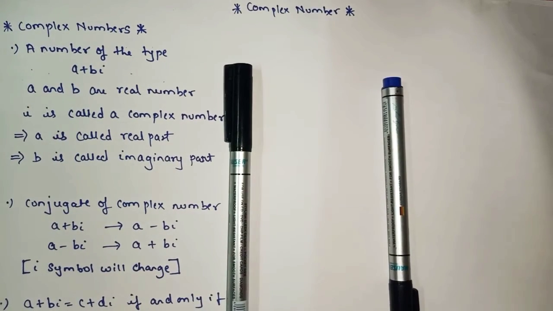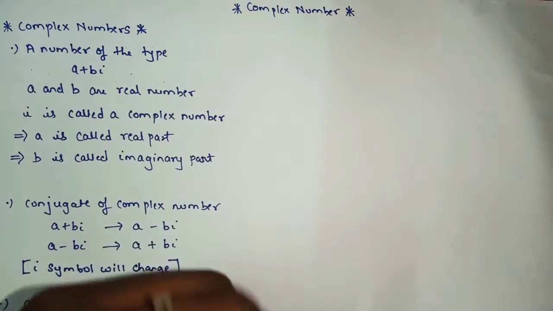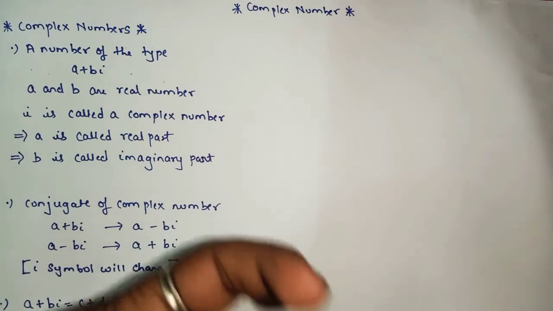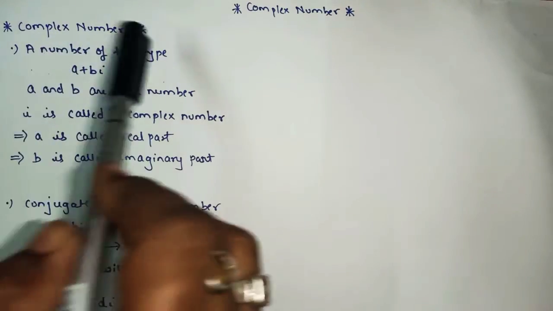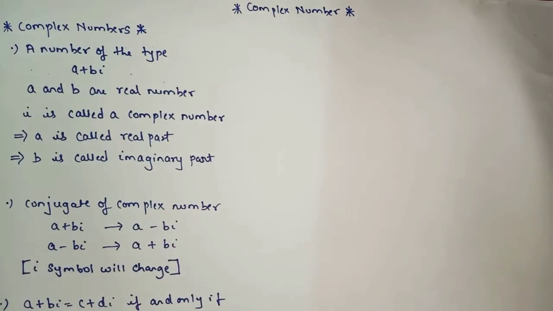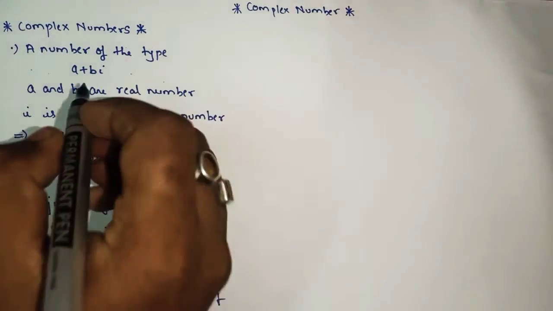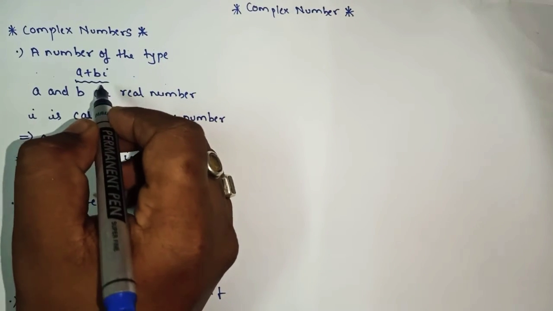Now, as we know that complex number is just an imaginary chapter, that's why we say the numbers in this chapter are imaginary. So a complex number is a number of the type a plus bi. Basically we represent the complex number as a plus bi.